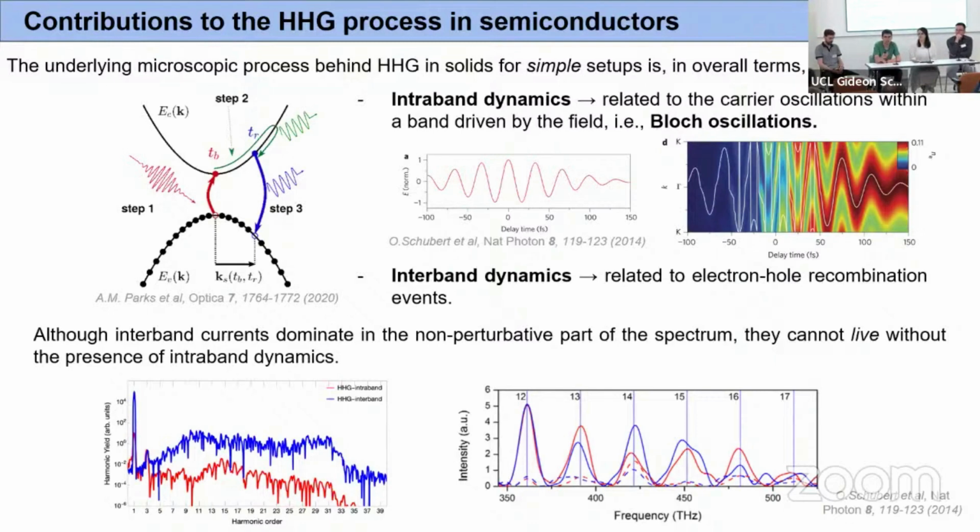This doesn't mean that interband dynamics dominate over intraband dynamics, and in particular in this paper, they showed that when one theoretically takes out the intraband dynamics, then no harmonic efficiency is generated. Basically, the dashed lines here. And also from an experimental perspective, it's very difficult to distinguish the intraband and interband processes. But maybe Attas can give an insight here.